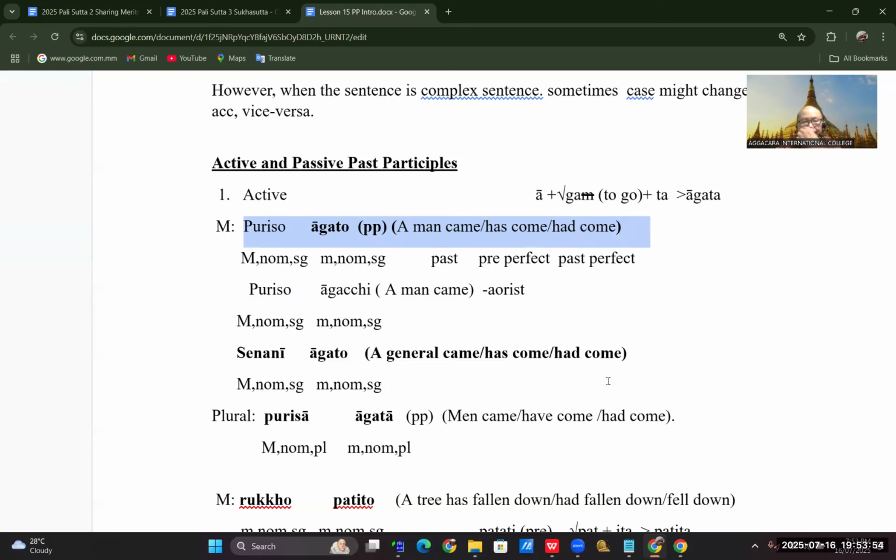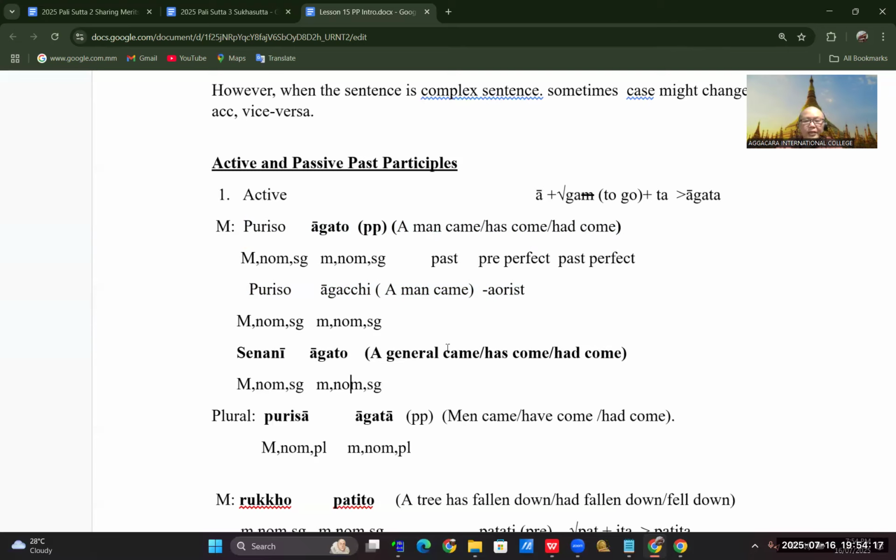Can you follow? Now the next one. Now senani. Even though there's a long i here, sena is masculine singular. All right? So it's also agato, because agato must also be masculine nominative singular. Right?